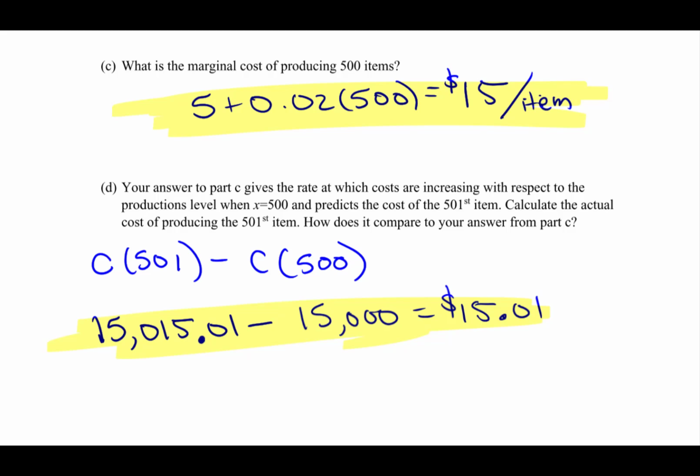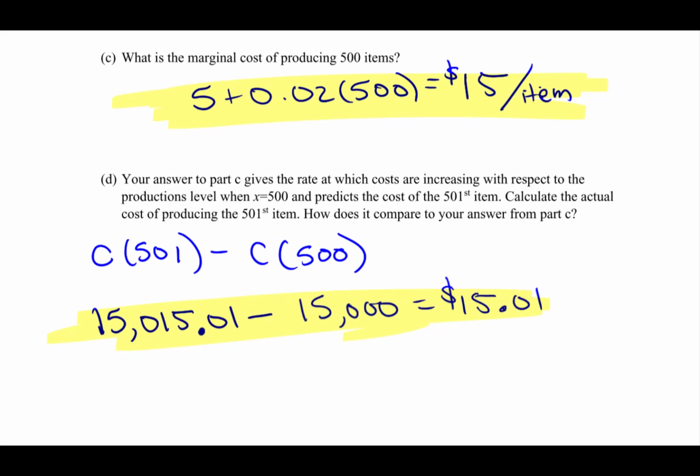Well, the problem here, and the reason why we're getting slightly different answers, why we're off by a penny, is because in reality, a cost function can't be continuous. We can't produce 500.1 item, 500.2 item. We go straight from 500 to 501 to 502.